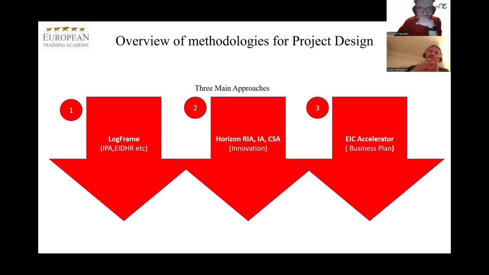It's also relevant for other funding project design logics, but typically for research, the second project design methodology here, typically for the research and innovation actions, like research in terms of basic research from technology readiness level and business readiness level. When you start with an idea, and then you develop it and you test it in a lab or relevant environment, and then you go further towards the market, and then you go to mass scale commercialization.